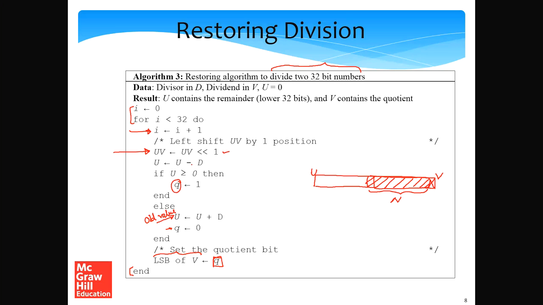Now I subtract the divisor from register U. If I consider this part as the divisor, from register U, and consider this as an entire number starting from here, ignoring what is to the right, then what I'm essentially computing is an N dash, which is equal to N minus the divisor.